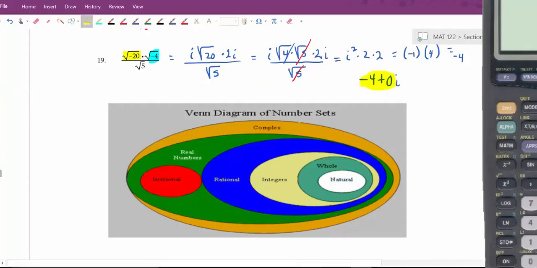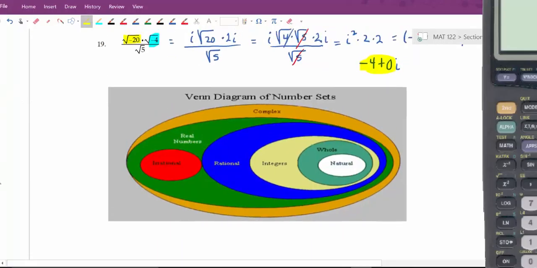Okay. All right, so let's see. I was just going to kind of show you, this is a nice diagram to show you about complex numbers and other number systems that are subsets. So the real numbers are a subset of complex numbers. All complex numbers have a real part to them. So the real number system is a subset of the complex numbers. And then the real numbers can be divided into the irrational numbers and the rational numbers.